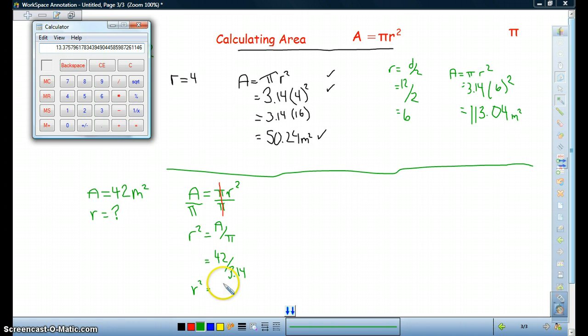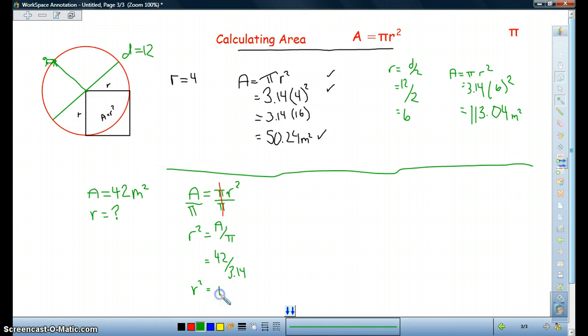Remember those roundings. 13.38. Now this is still meters squared because we took area, which is squared, and we divided by a constant. We divided by 3.14. So nothing has changed with my units of meters squared.